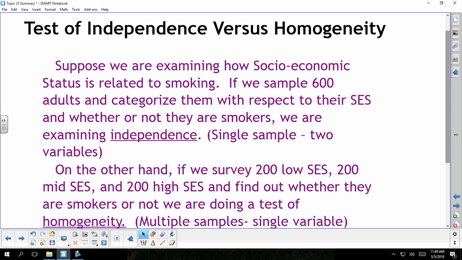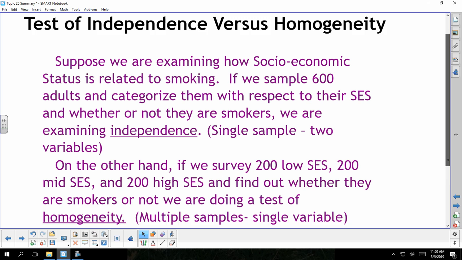We take each person, decide whether they smoke or not, and then describe them as low, middle, or high socioeconomic status. On the other hand, if we drew a random sample of 200 low, 200 middle, and 200 high socioeconomic status and found out whether they are smokers or not, you're doing a test of homogeneity.